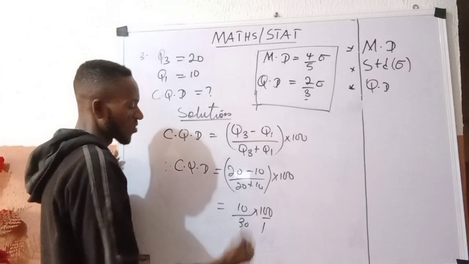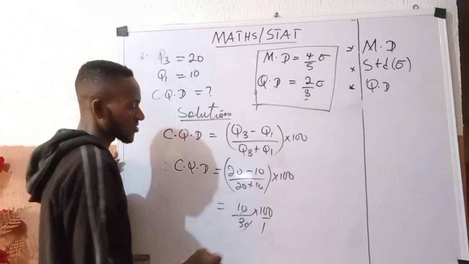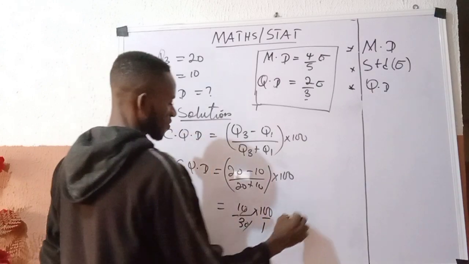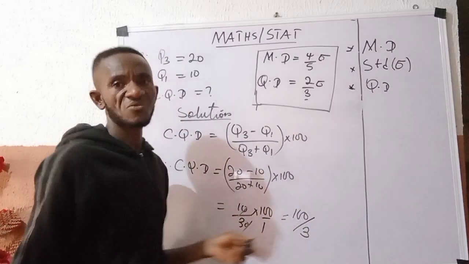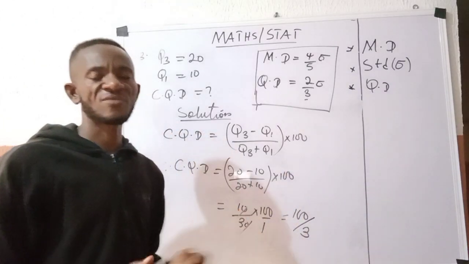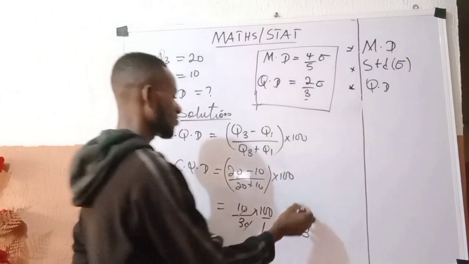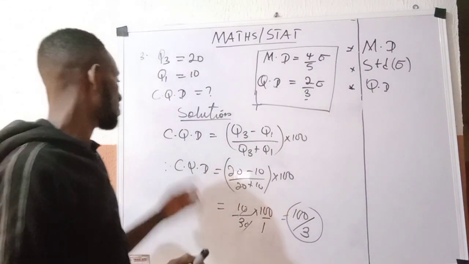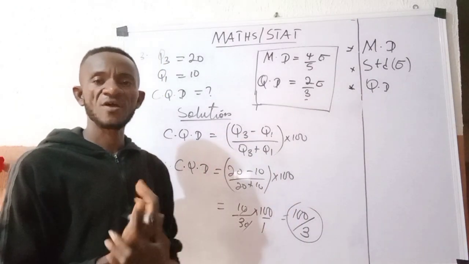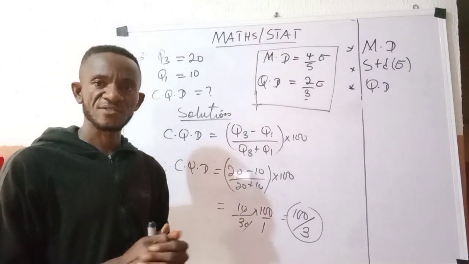Or if I don't want to go that way, this naught will cancel this naught. So I am left with 100 all over 3, which will give you around 30 point something. So the moment you evaluate this, 100 over 3, that is what we call the coefficient of quartile deviation.